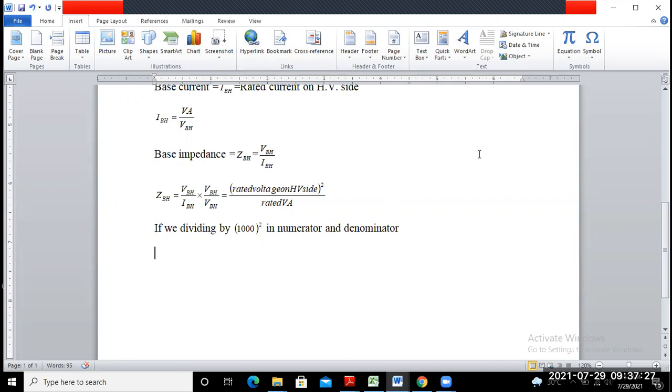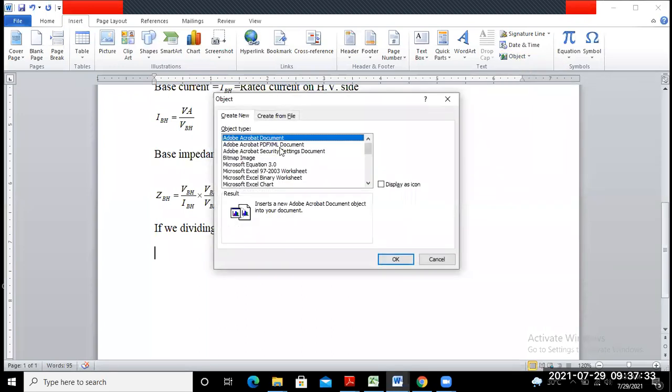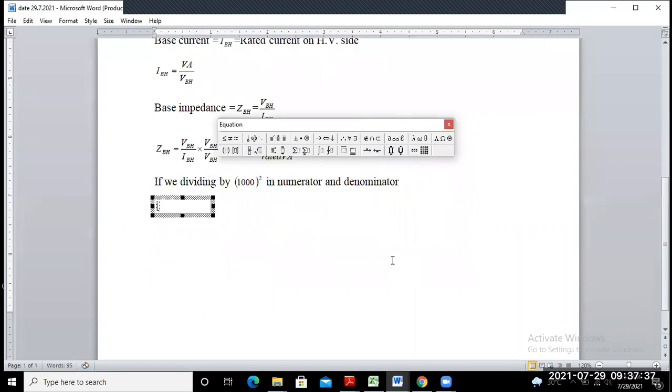So Z base is equal to nothing but kilovolt whole square on the high voltage side divided by MVA on the high voltage side.